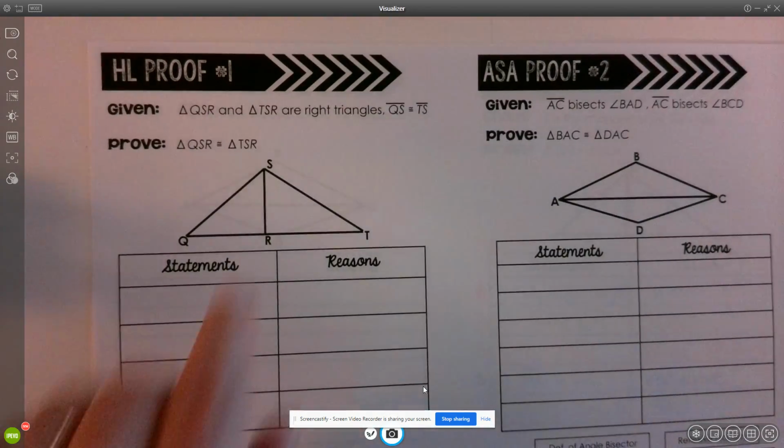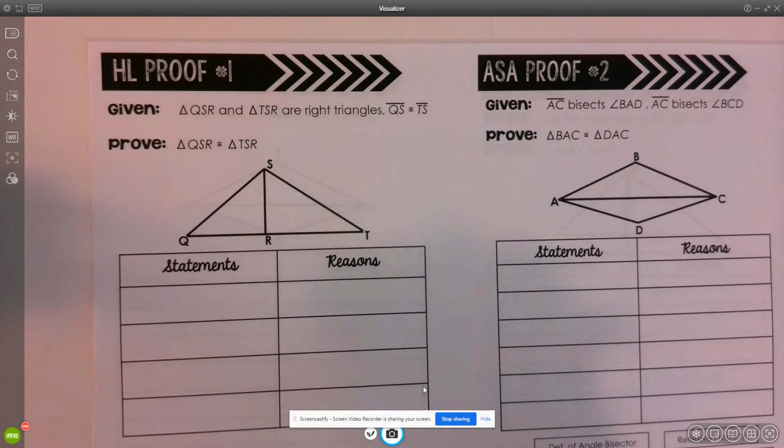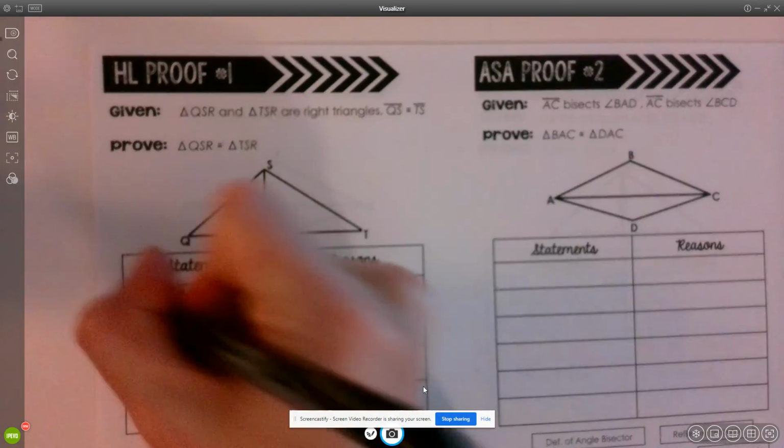All right, we are given that triangle QSR and triangle TSR are right triangles. I'm going to go ahead and make that my very first given.